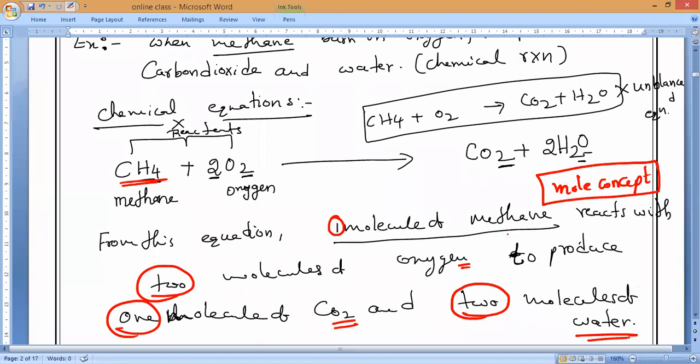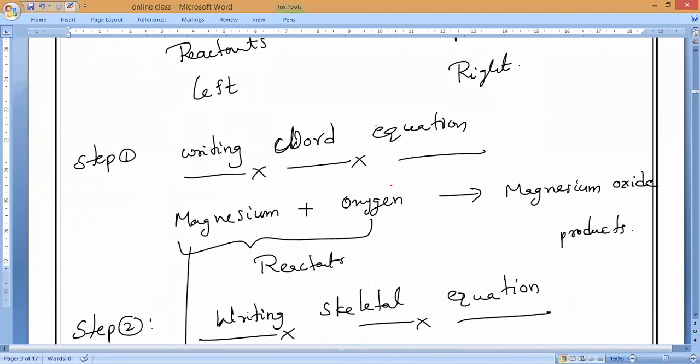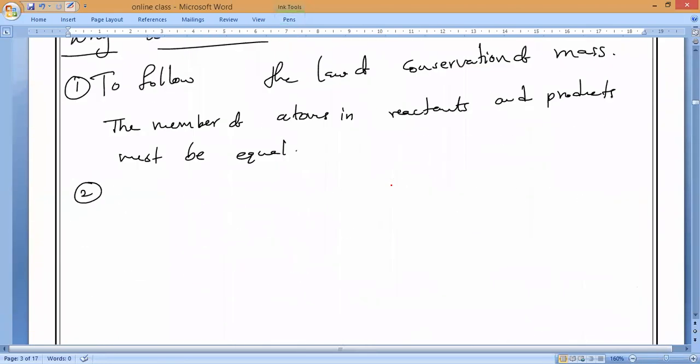Is it possible to say this number of molecules without balancing? No, it is not possible to say how many molecules are reacting and how many are obtained on the product side without balancing the chemical equation.